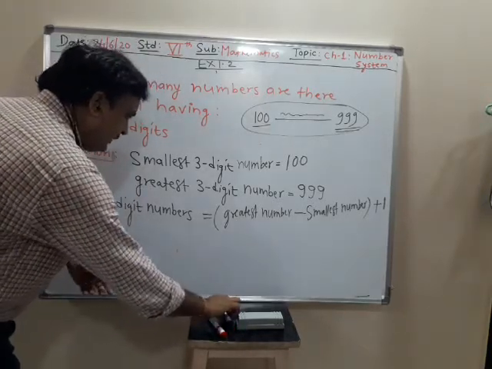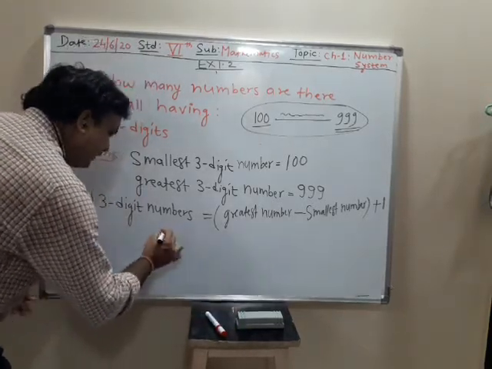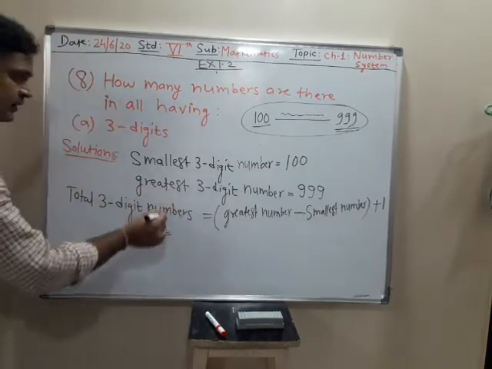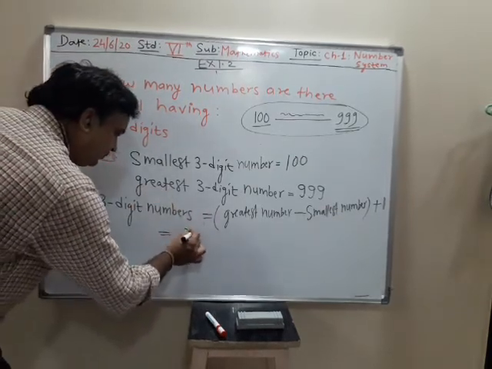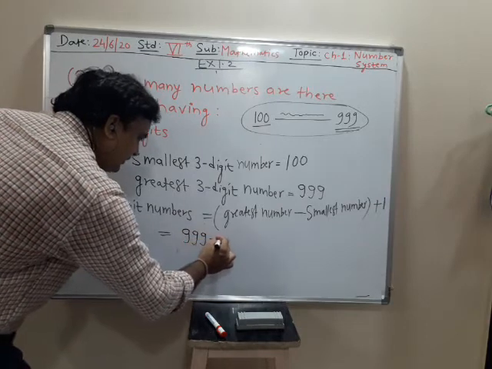So now, what is my greatest number? 999. Smallest number 100.